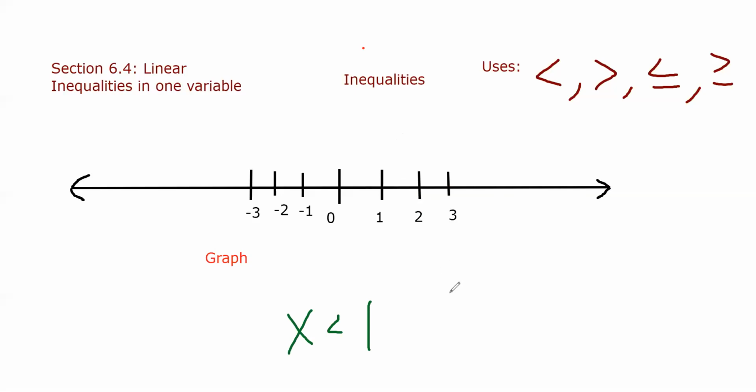So here, do we include the 1 or is the 1 itself not included? It's not included. Because it has to be strictly less than 1, it can be everything up to but not quite including 1. So you can do 0.9999999, but you can't quite include the 1 itself. So one way you can do that is to use an open circle on the 1. And then since it's less than 1, we shade everything to the left of it.